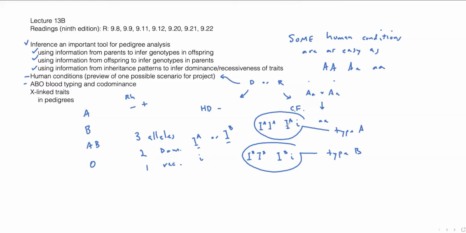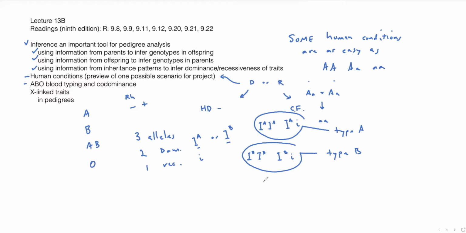So I^A completely dominates little i, and therefore it's a dominant allele. I^B is a dominant allele because it completely overwhelms the effect of little i.